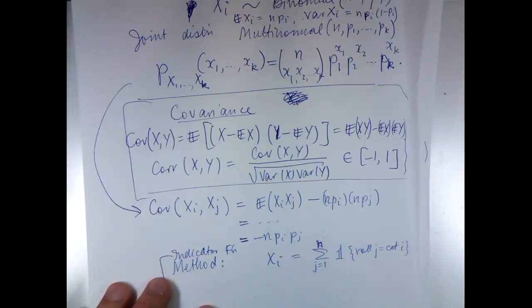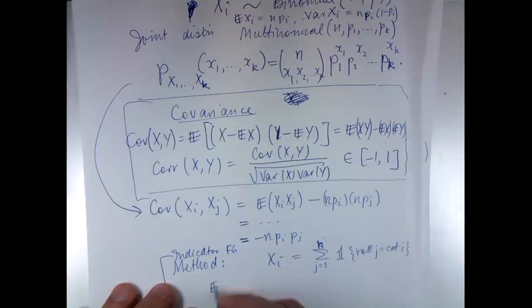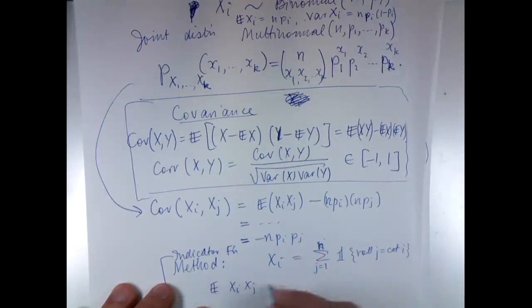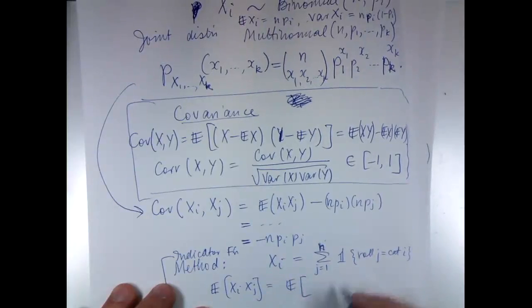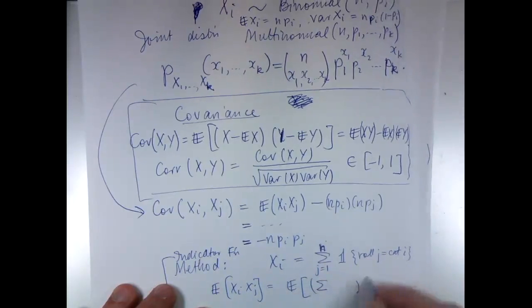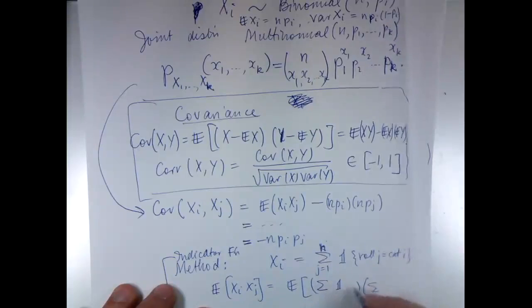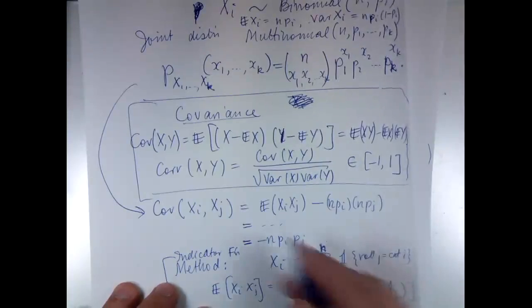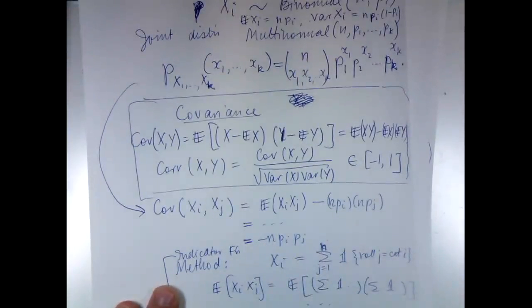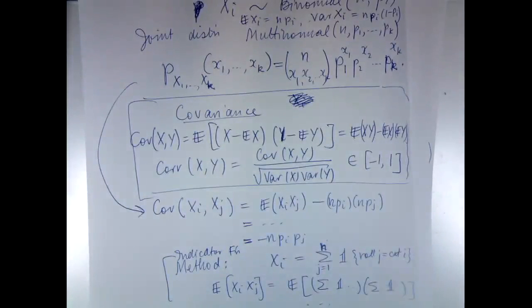You can imagine a die or a D20 or something like that. And then the expected value of Xi Xj is the expected value of a sum of some indicator functions times a sum of some other indicator functions, and so on. So you'll get it a lot more simply by doing that than by going through the joint PMF, which is often quite unimportant.